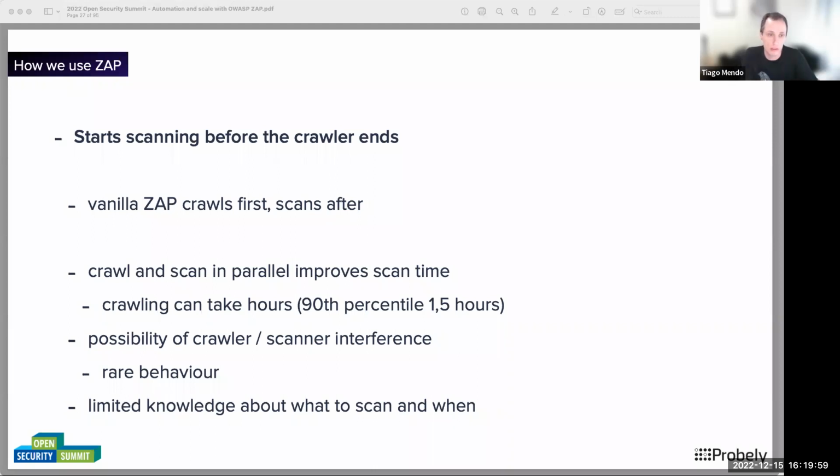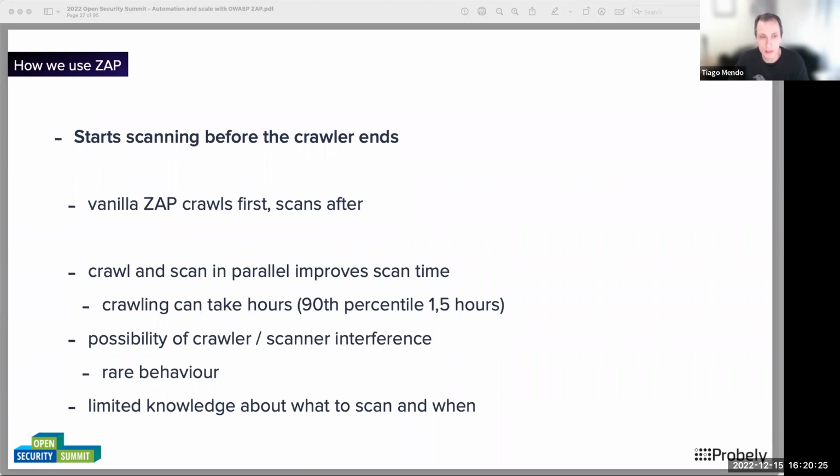So first it crawls, and then it scans. This means we might have a gap before the scan starts that can be as large as hours, because the crawler can take a lot of time. And this is something we really didn't want to have.